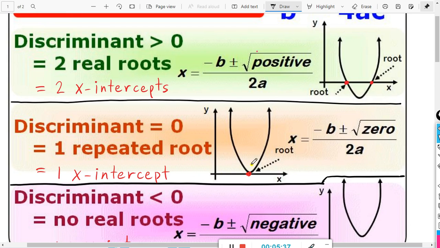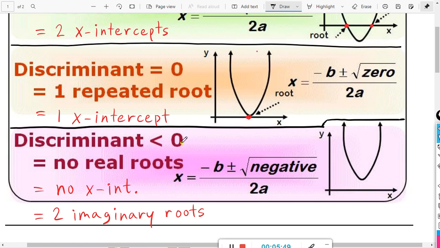The parabola looks like this, hits the x-axis once, and because it's just plus or minus the square root of 0, the plus or minus does nothing. Finally, when the discriminant is negative, or less than 0, there are no real roots and no x-intercepts. You just get two imaginary roots, so the parabola never reaches the x-axis.